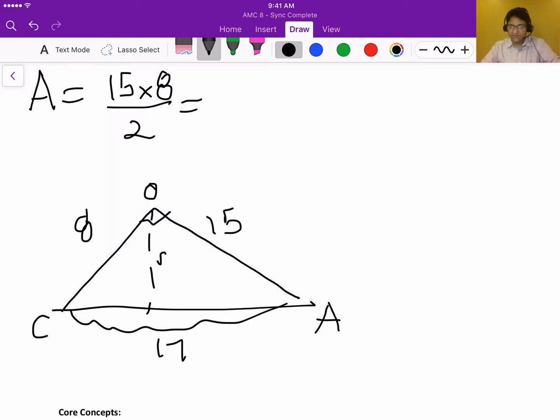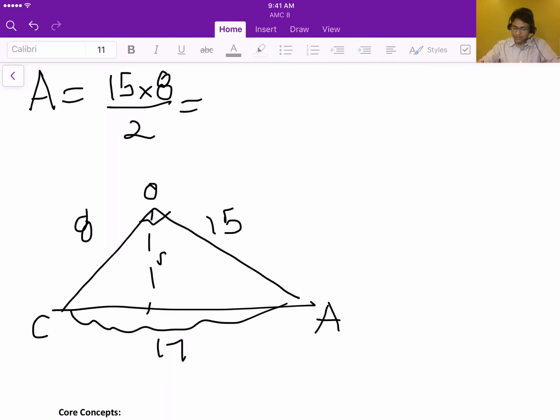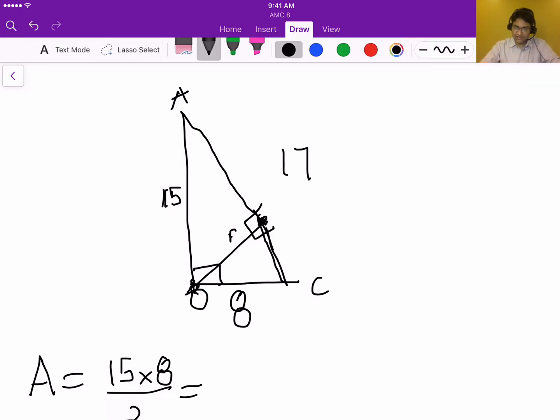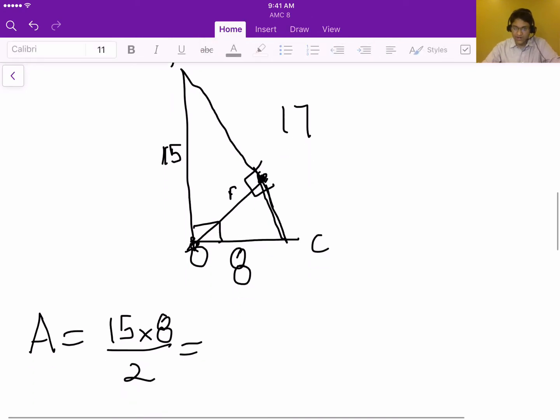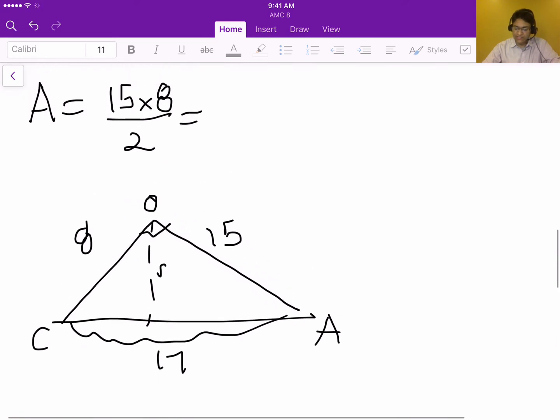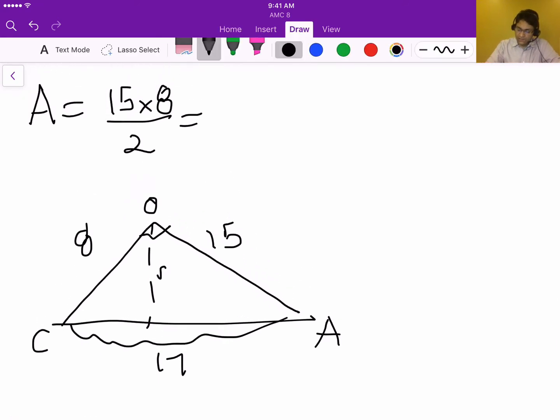Now from this perspective, the base and the height are different, because in the last example, OC is considered our base, and OA is our height, so half times base times height is going to be our area. But in this case, since we rotated it, the new base is 17. And our height is actually the radius we're looking for.